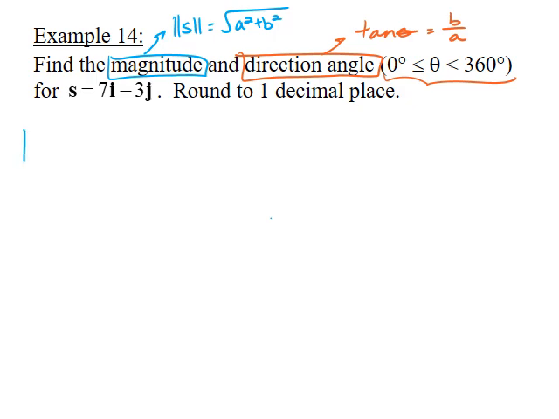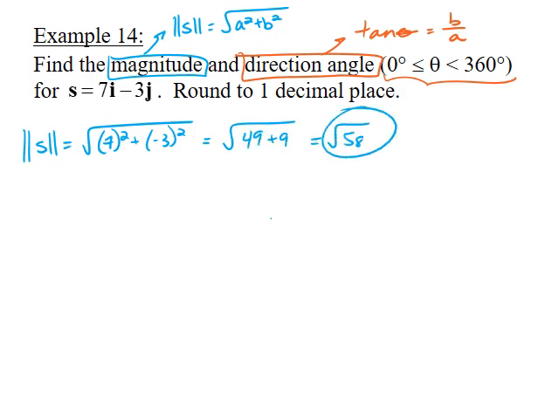So let's first find the magnitude of vector s. In this case, I'm going to take a squared plus b squared. This is equal to 49 plus 9 under the radical, which is the square root of 58. Great. Now to find the direction angle, we'll take tangent of theta is equal to b, which is -3, over a, which is 7.